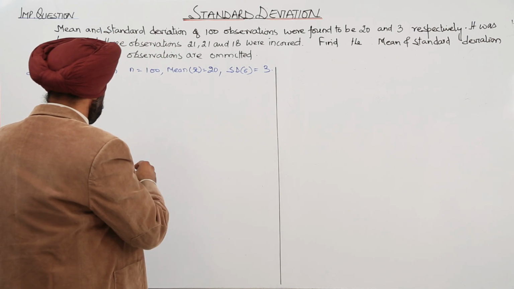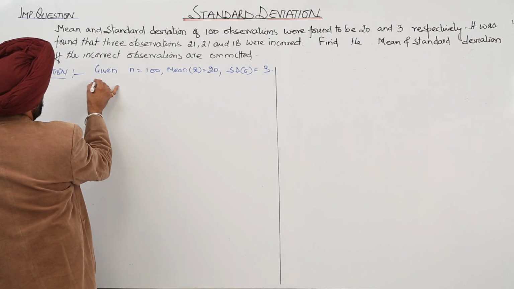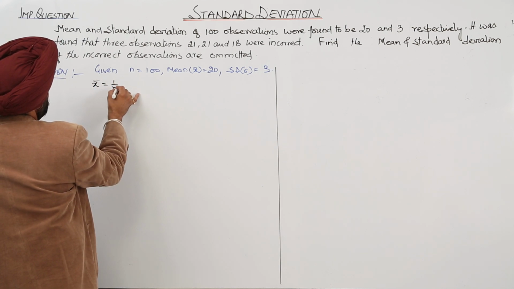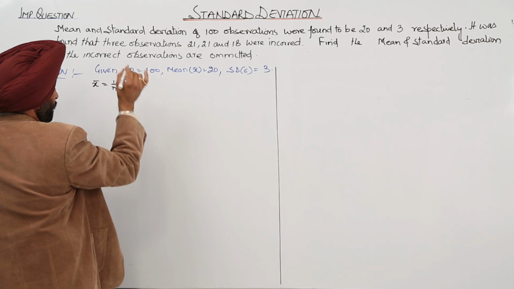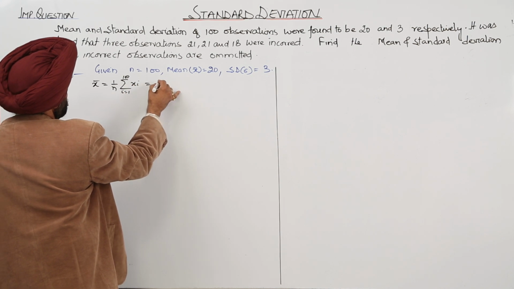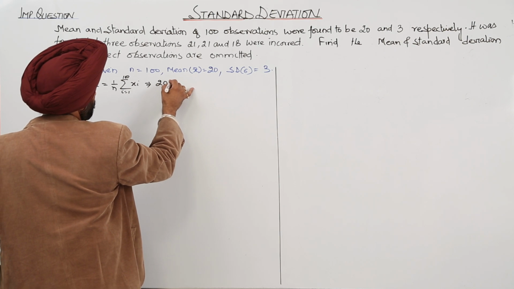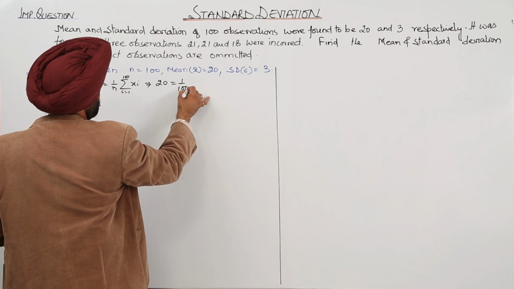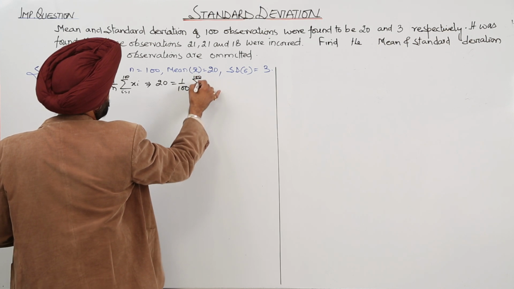Now the mean is equal to 1 upon n times the summation. Total terms are 100, so I am writing 100 here. So 20 is equal to 1 upon 100 times the summation for the 100 terms.